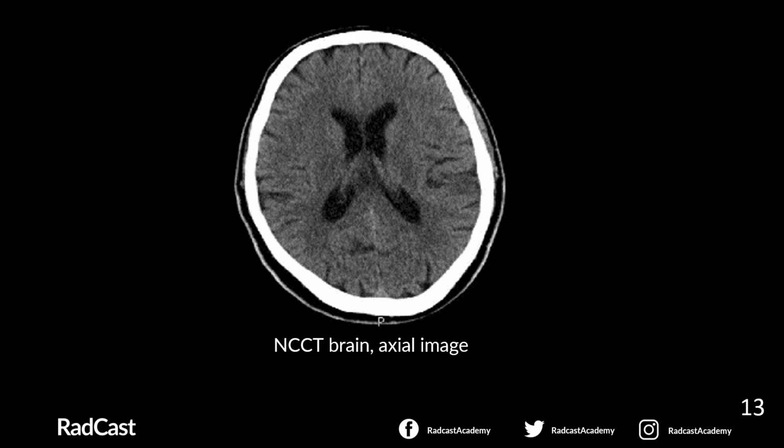Before we see some images of subarachnoid hemorrhage, that is how a normal CT brain looks like. As you can see, the CSF space around the brain is normally black due to the presence of CSF fluid, as fluid appears black in CT.